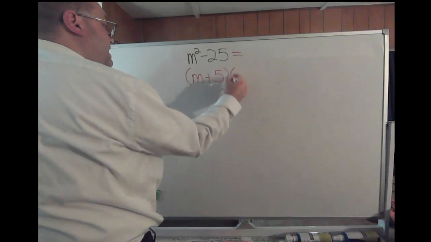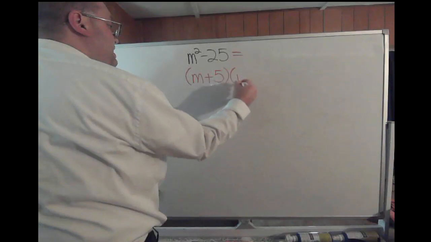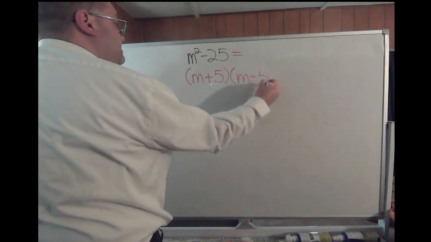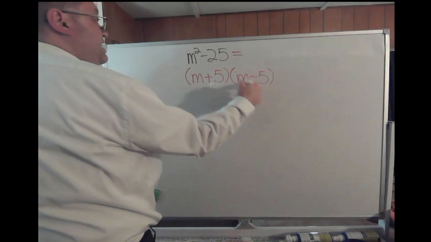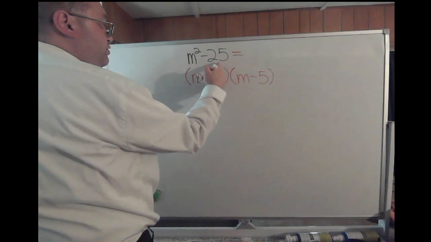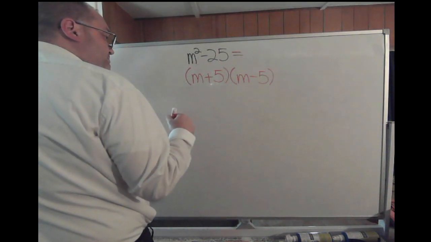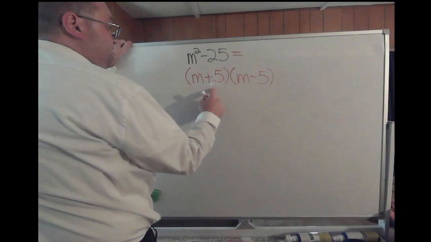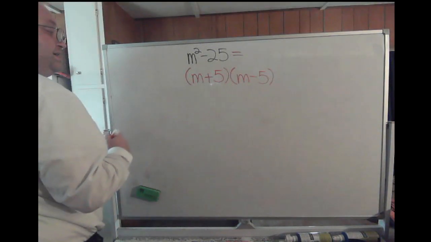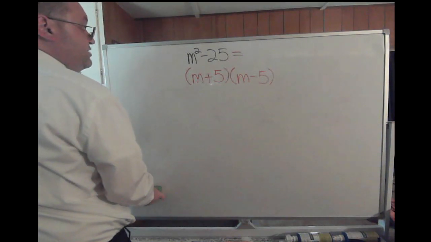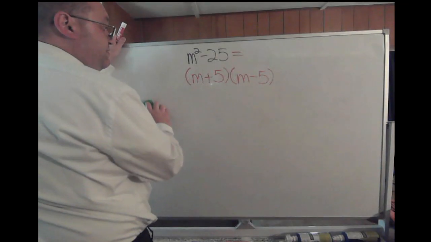Then you also have m minus 5, because negative 5 is also a square root of 25. So what you're going to get is the quantity of m plus 5 times the quantity of m minus 5 for your factorization of m squared minus 25.